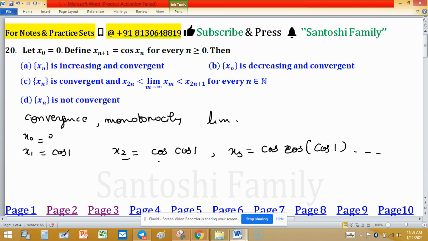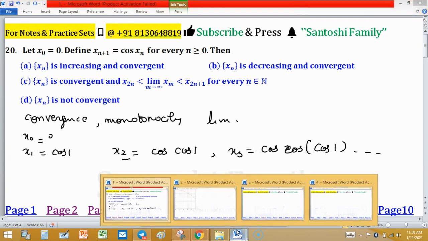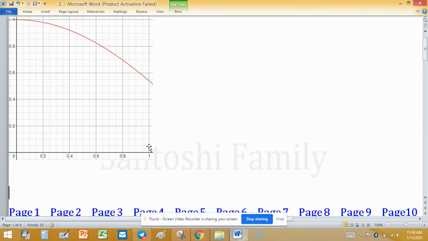So first we need the graph of the cos function, and the first point is cos 1. So cos 1 is this point. This is the value of cos 1. So it is x1. So the height of this one will be the input of the coming term.